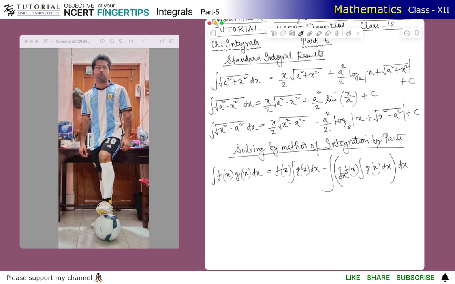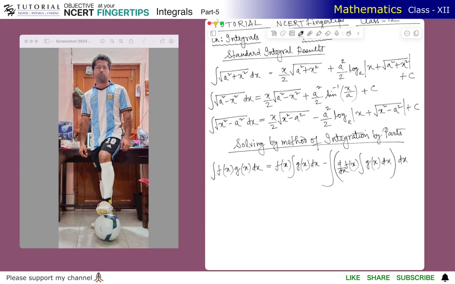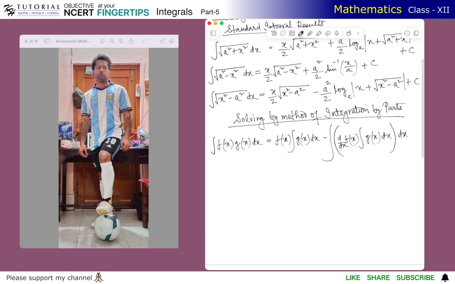Now in this video, let's see how we can solve the integral root over a square plus x square by integration by parts. So we have only one function f(x), and g(x) we can assume to be 1. So g(x) is 1 and f(x) is root over a square plus x square.